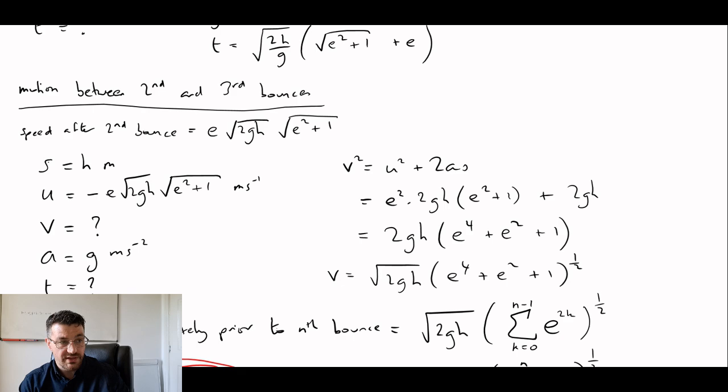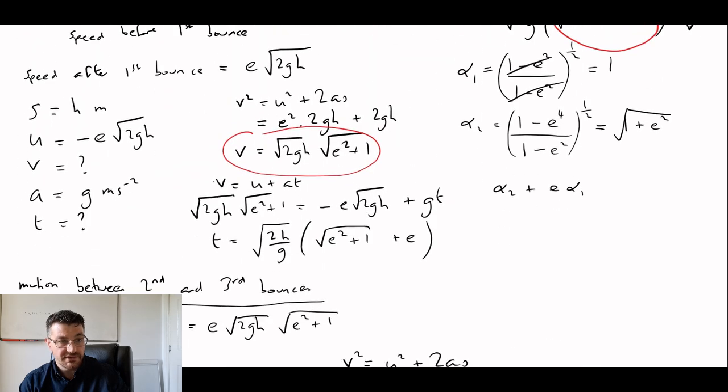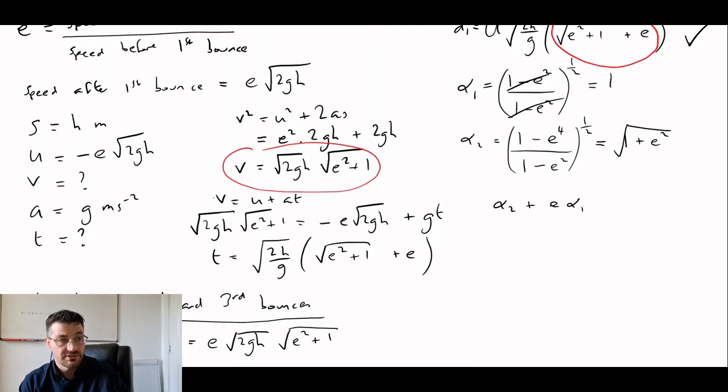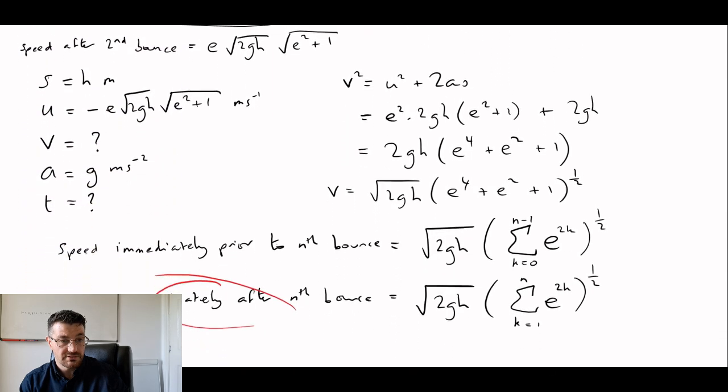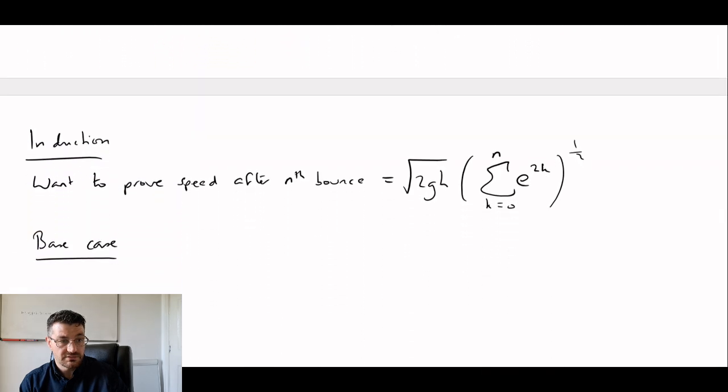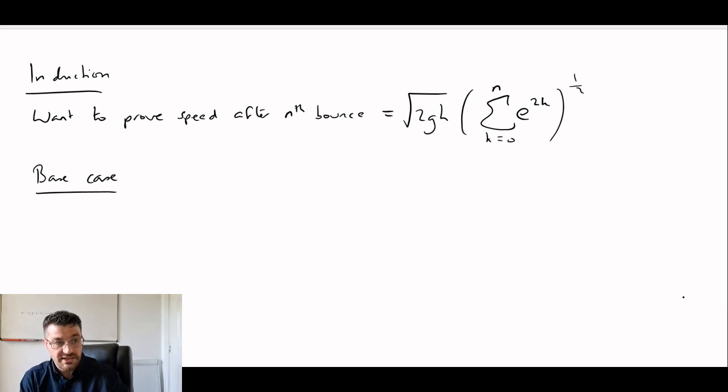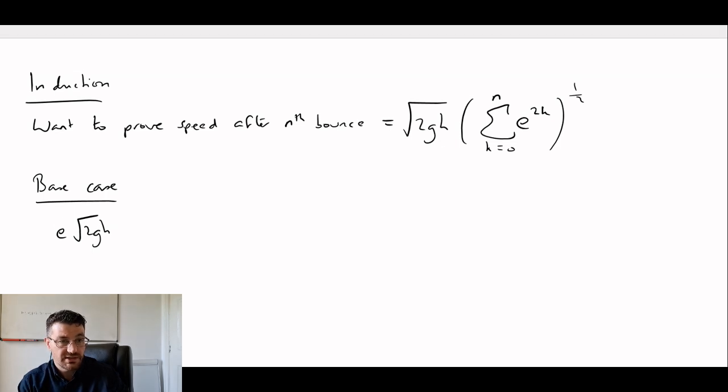When I went through this calculation, the speed immediately after the first bounce was e times the square root of 2gh. I think I might have made an error actually.